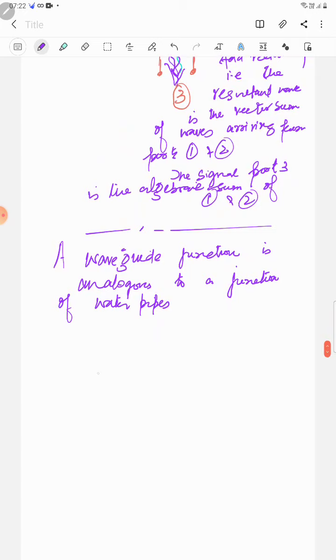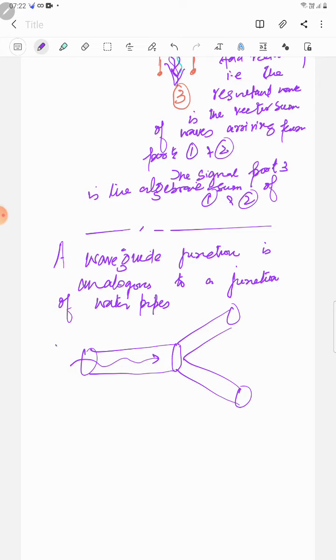Say for example we have a pipe carrying some water, and then at some point it is being split into two pipes. So the water coming from port, say for example 3, splits into two ports 1 and 2.